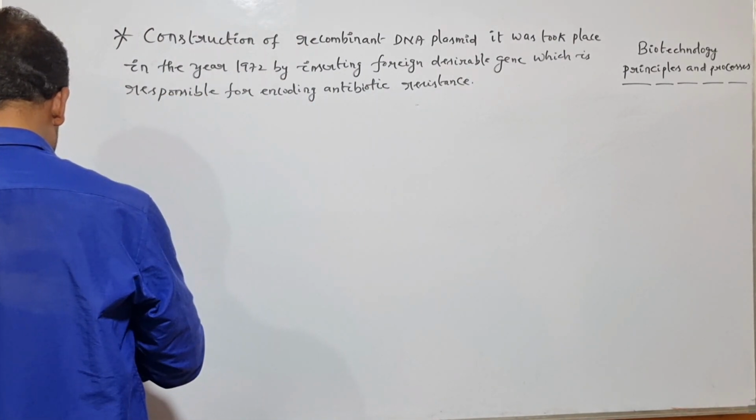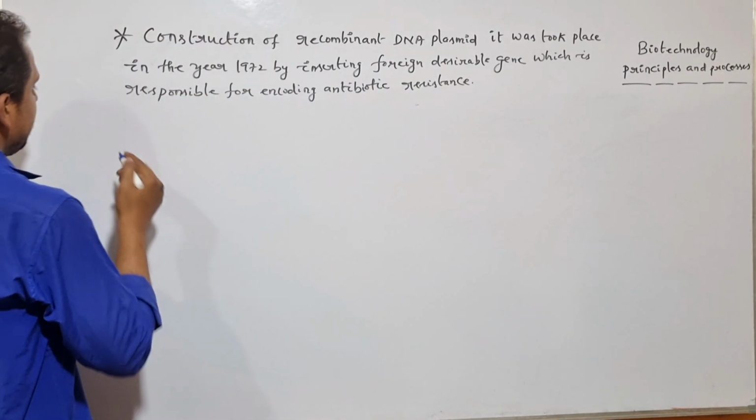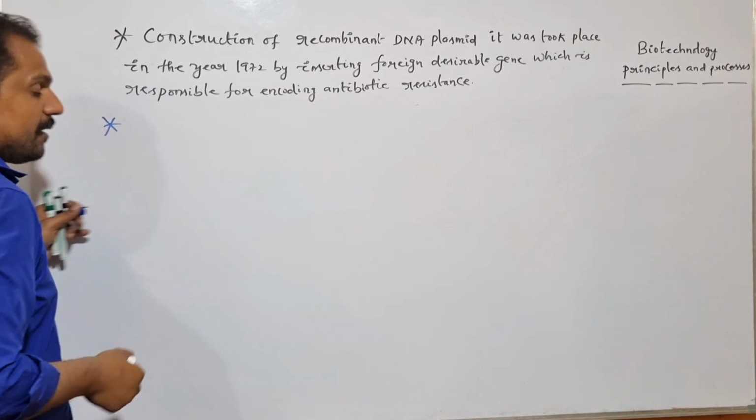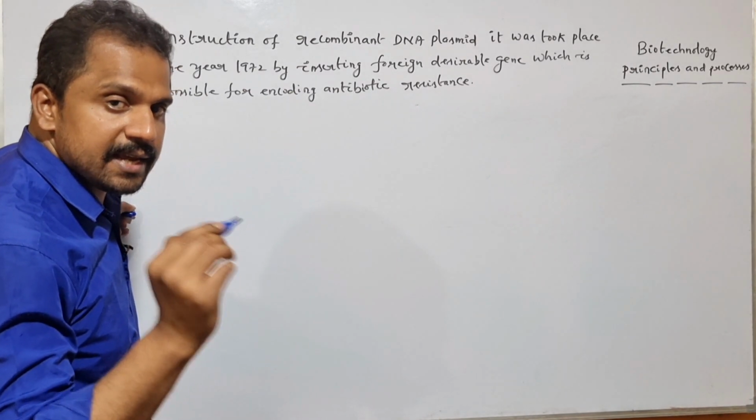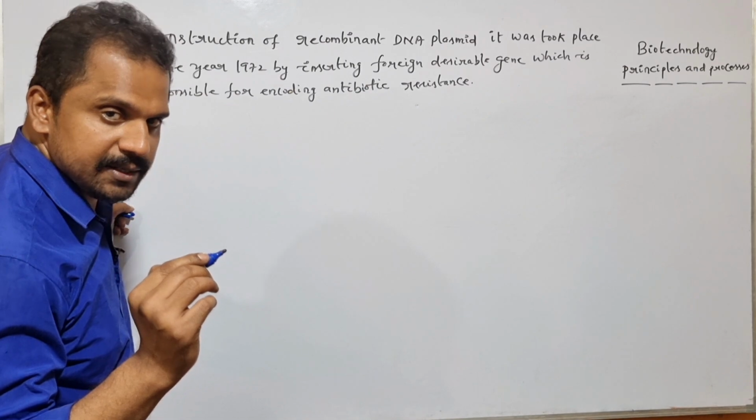So here, construction of the recombinant DNA plasmid for the very first time took place by Herbert Boyer and Stanley Cohen in the year 1972. Is it clear?